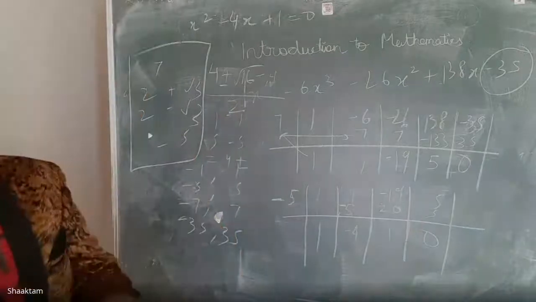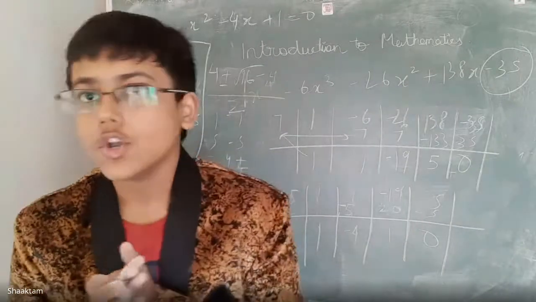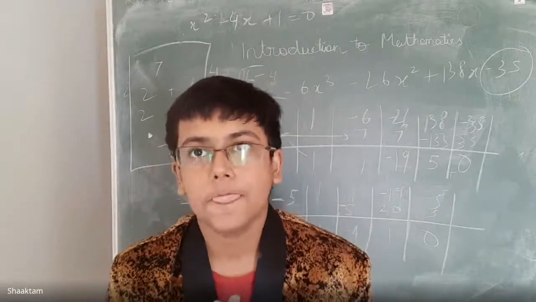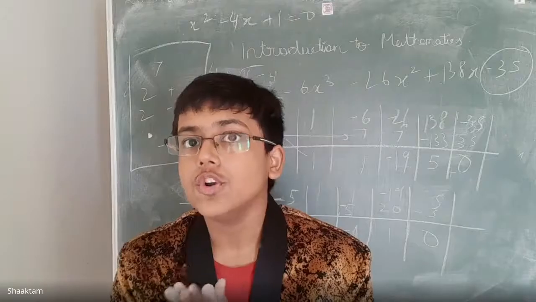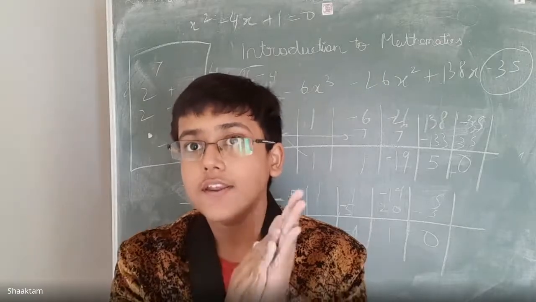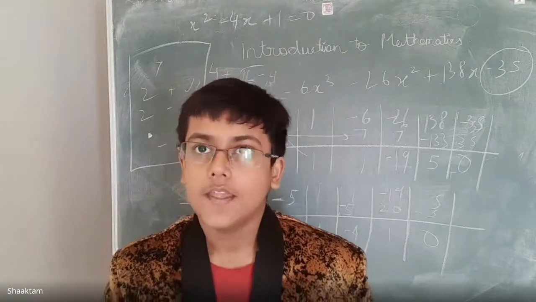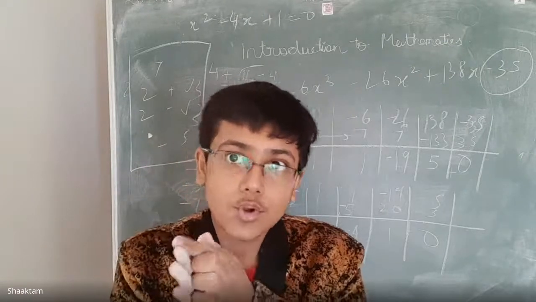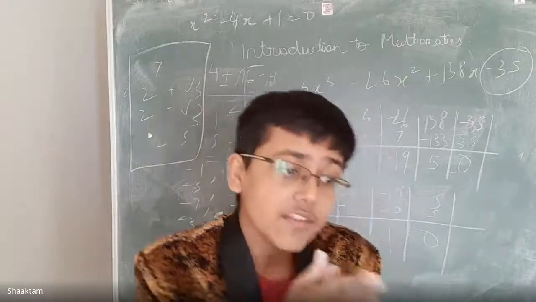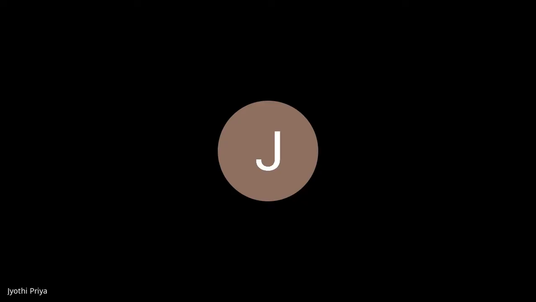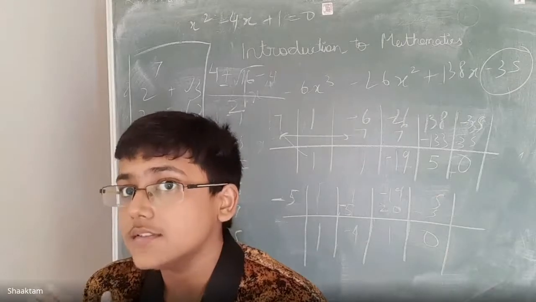Now, root of 12 is root of 4 into 3. If it is the square root of 4 into 3, then you can say it is the square root of 4 multiplied with the square root of 3. The square root of 4 is 2.